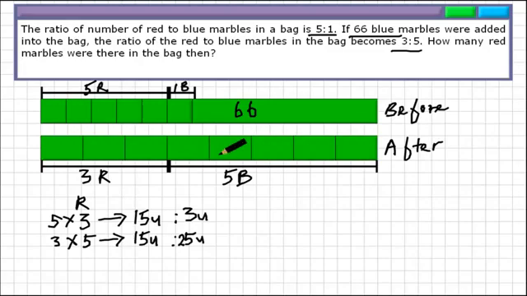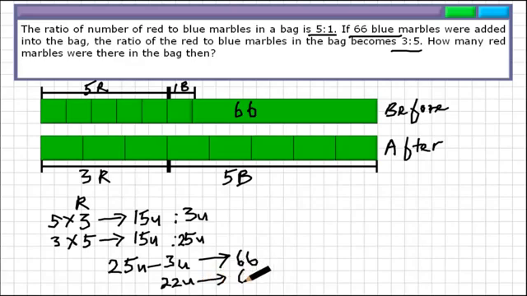So by that I mean we take 25u minus 3u, and we get 66. So 22u is 66.